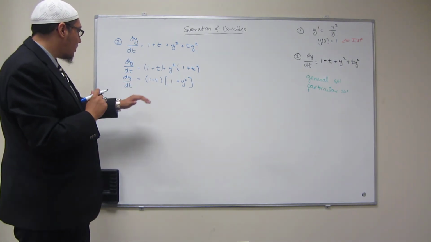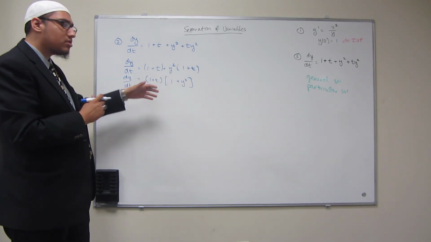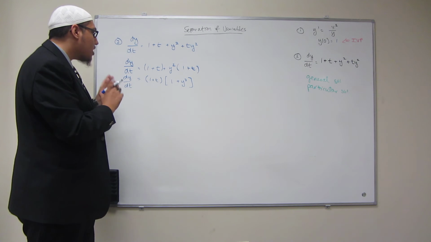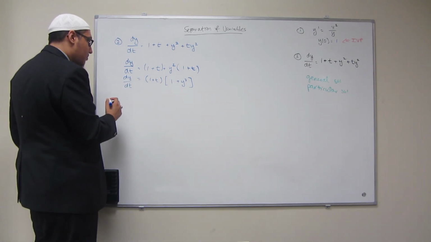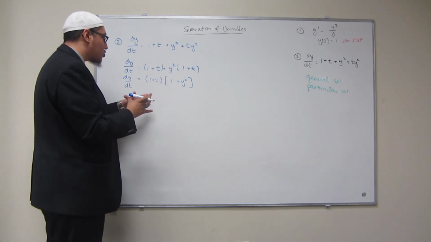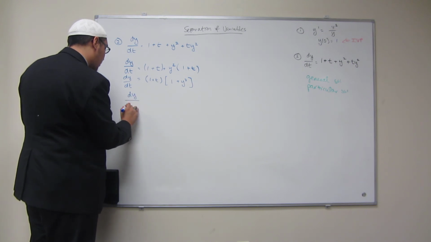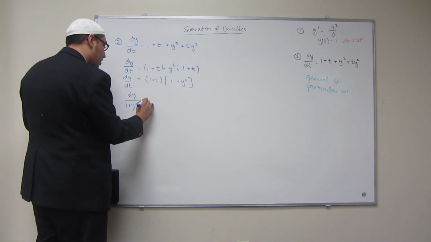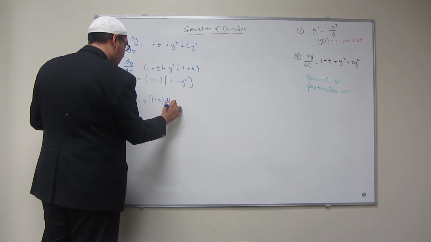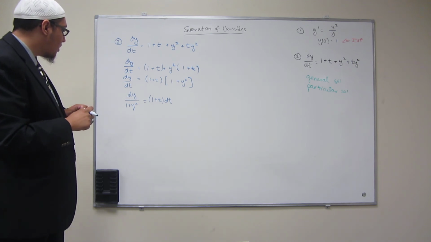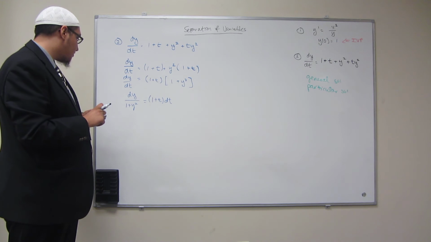Now it seems like I can move this onto this side and the t's onto the other side and just simply get y's on one side, t's on the other. Skipping the algebra steps, dy divided by 1 plus y squared is equal to 1 plus t dt. All right? So this does take care of the problem of separating the variables.